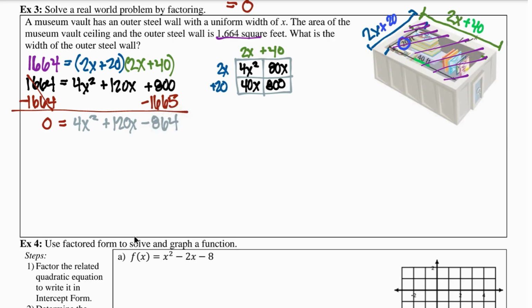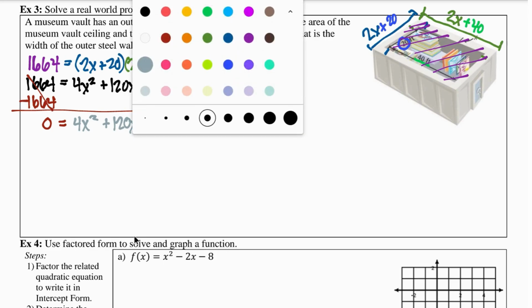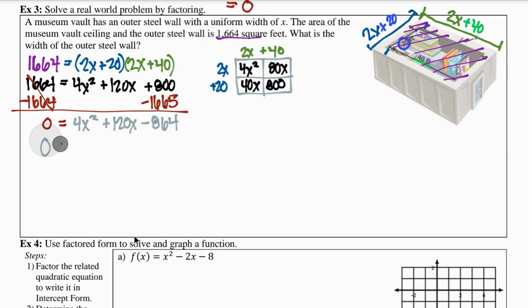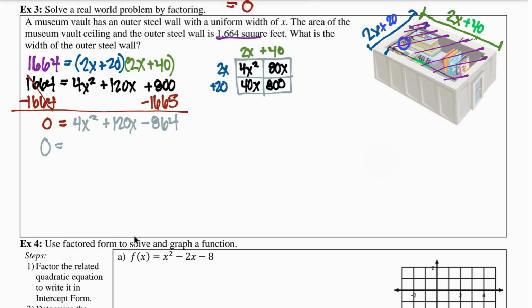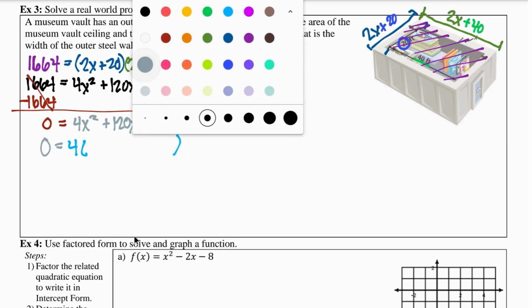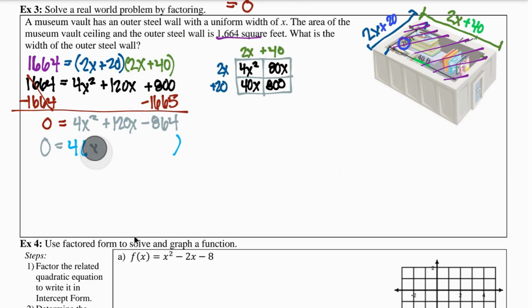Okay, so when we factor, remember that we want to start with looking for a GCF. And so if I look at the first two numbers, I can see that they're divisible by 4. And then 864 is also divisible by 4. And so I can factor out a 4 from every term. That makes my factoring a little bit easier, because now I just have 1x squared.